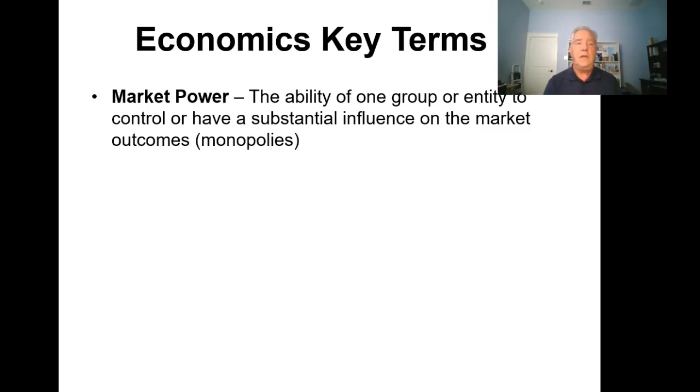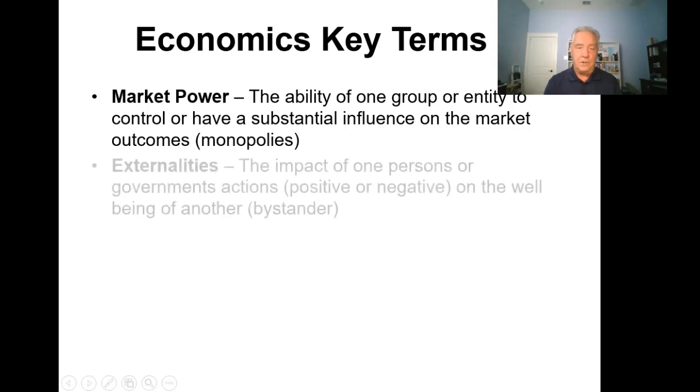In the case of a monopoly, the monopolist owns the demand curve for his product. He can charge any price he wants. Okay? That's called market power. The ideal situation is no one group or no one company controls the marketplace, and market power is limited, and we have a purely competitive situation for products.